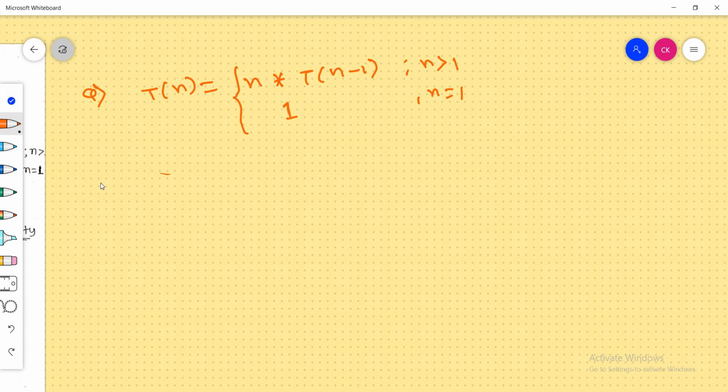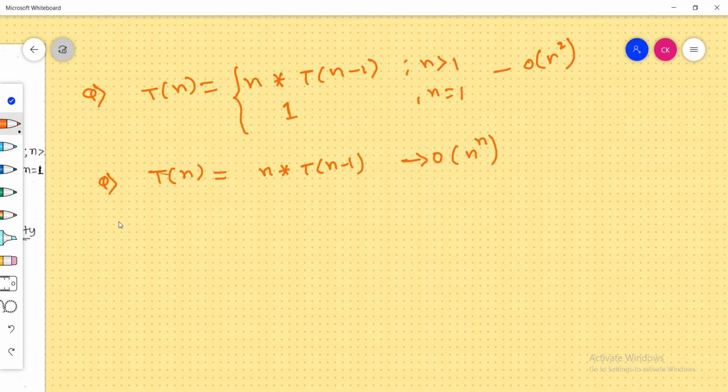Okay. Next question. The time complexity for the previous one is order of n square. You try to solve it and match it. T of n is equal to n into T of n minus 1, and the base condition is always the same, so its time complexity is order of n to the power n.